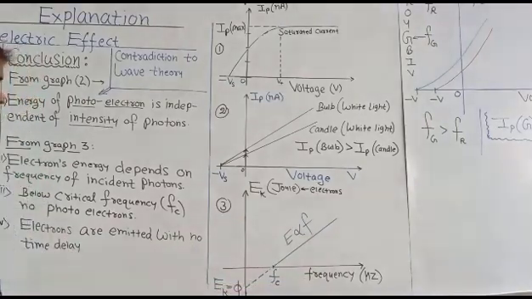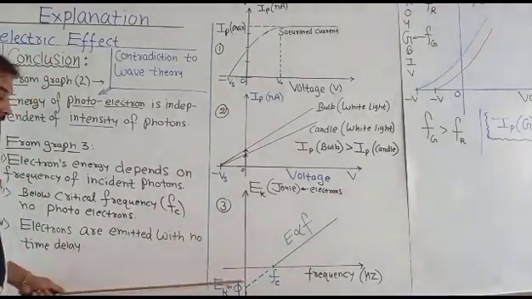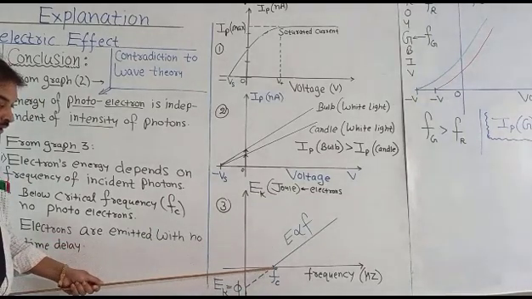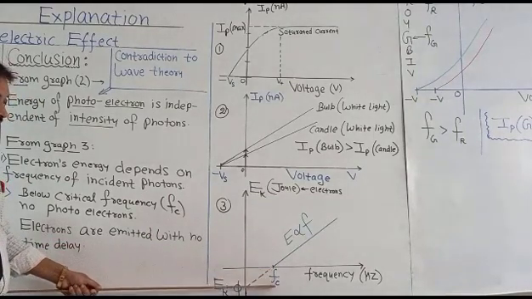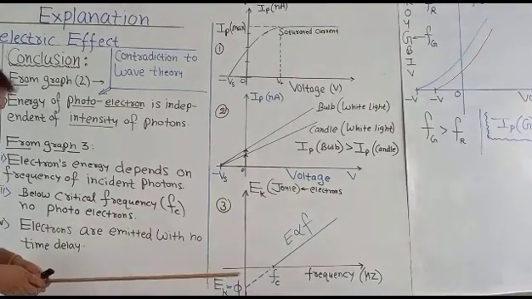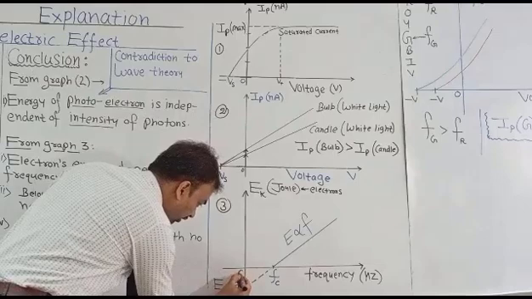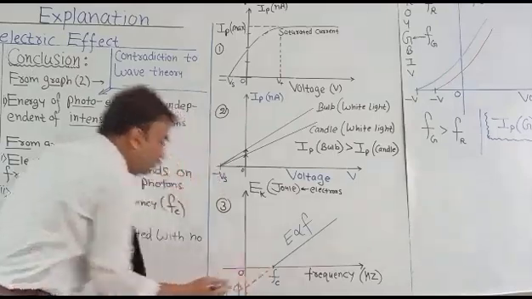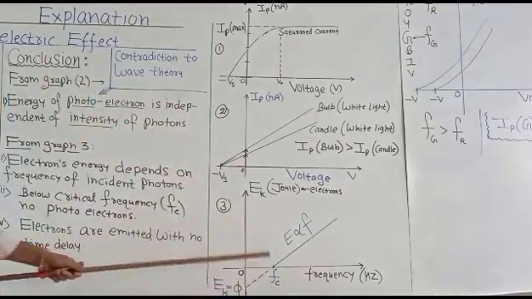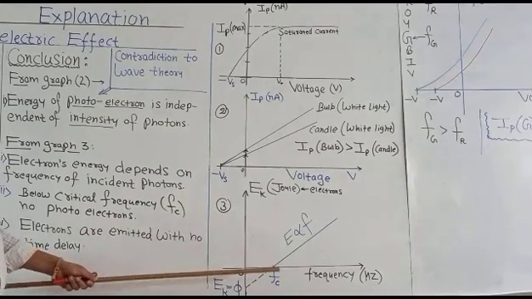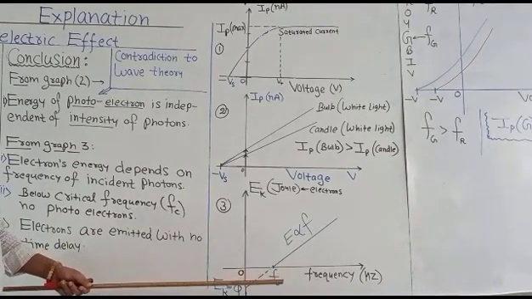From this graph, focus on the point having the frequency Fc. If we start from zero frequency up to the critical frequency Fc, there is no kinetic energy. The kinetic energy of the photoelectron is zero.